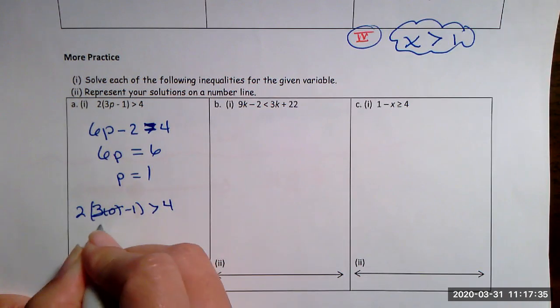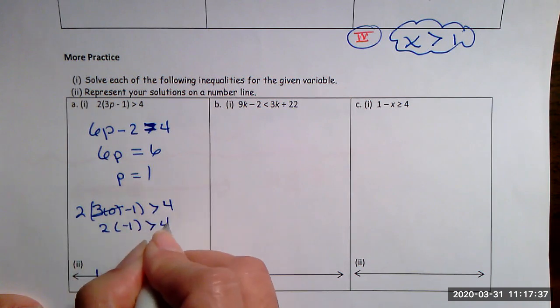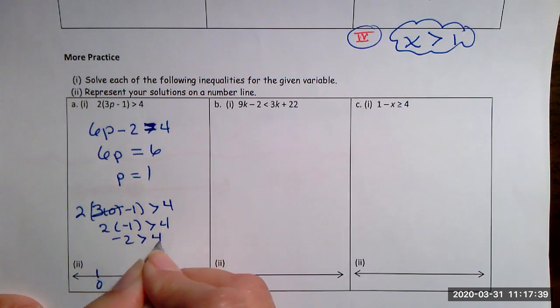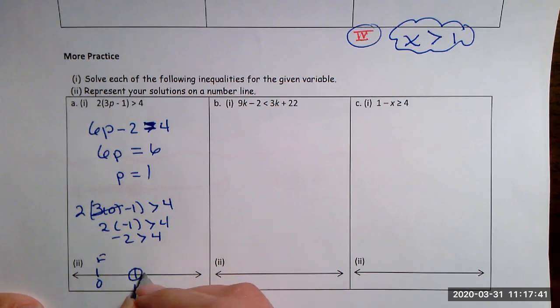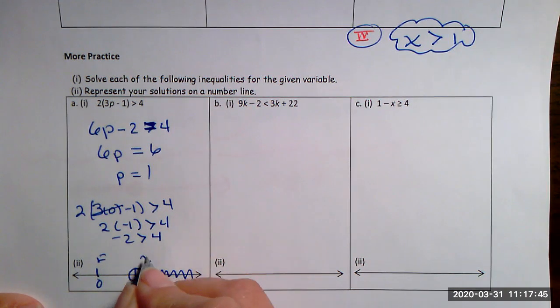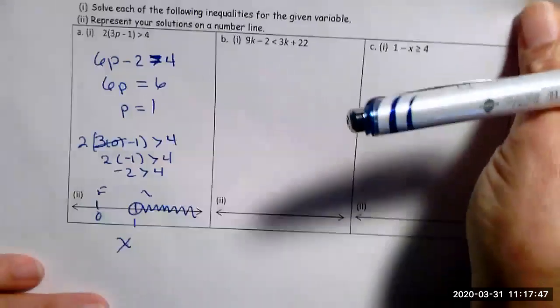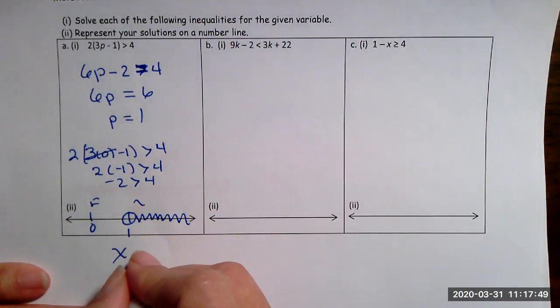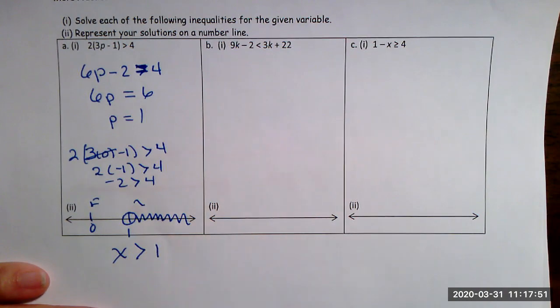So I have 2 times -1 is greater than 4. -2 is greater than 4. That's false. So this is going to get shaded this way. So I'll write it down here so it's not too jammed together. P is greater than 1.